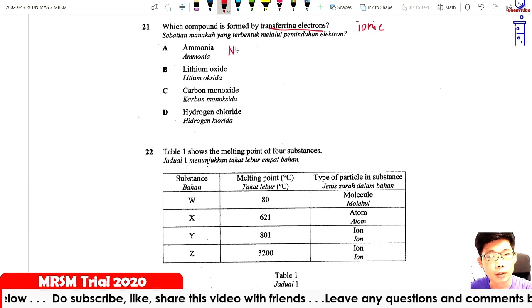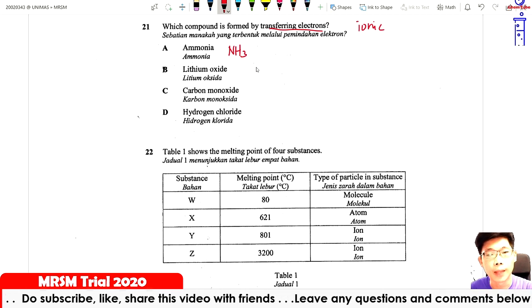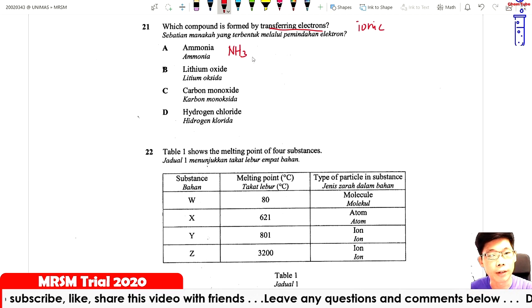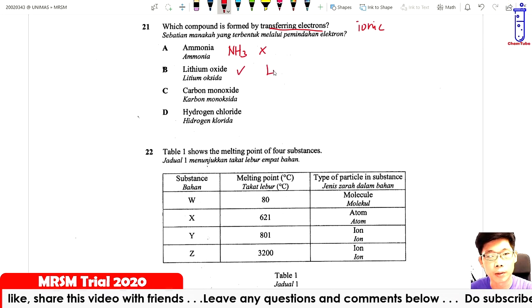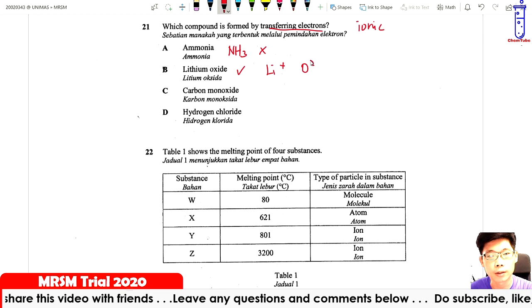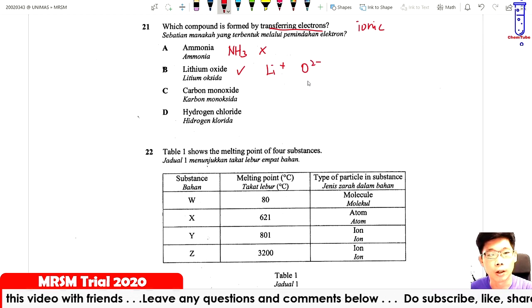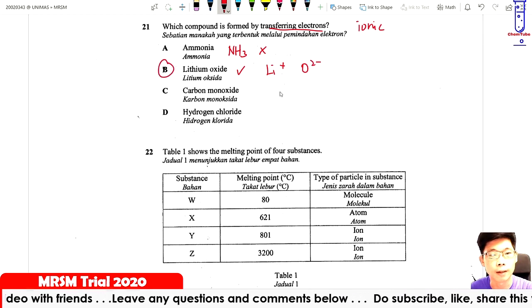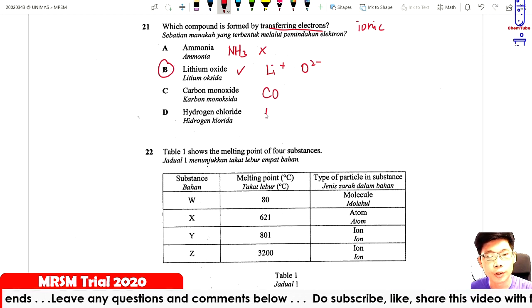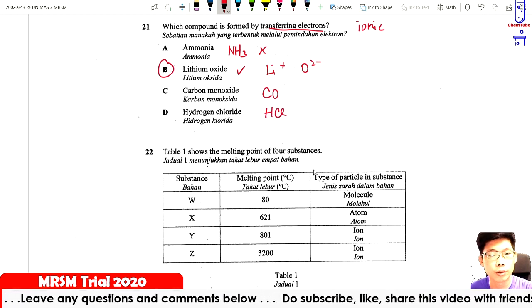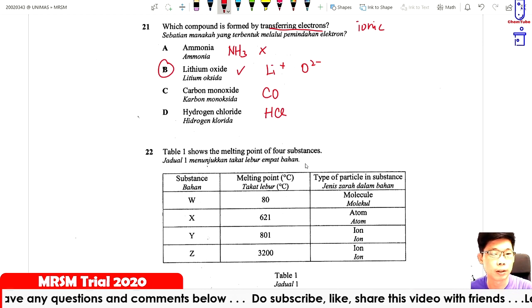Ammonia is NH3, made of non-metals, so it is a sharing of electrons, so no. Lithium oxide, yes, it forms from lithium ions and oxide ions, so gain or loss of electrons, so B is the answer. Carbon monoxide, sharing of electrons. Hydrogen chloride, also sharing of electrons.